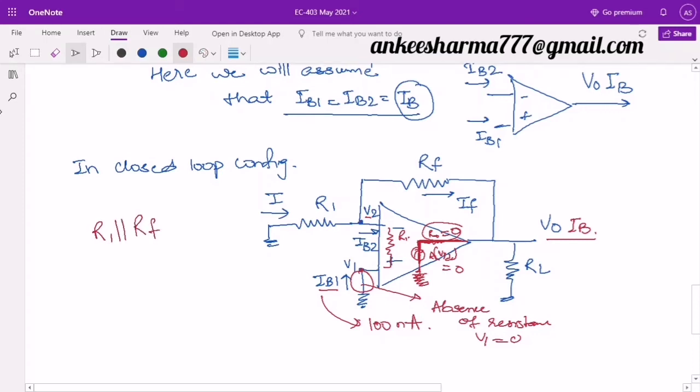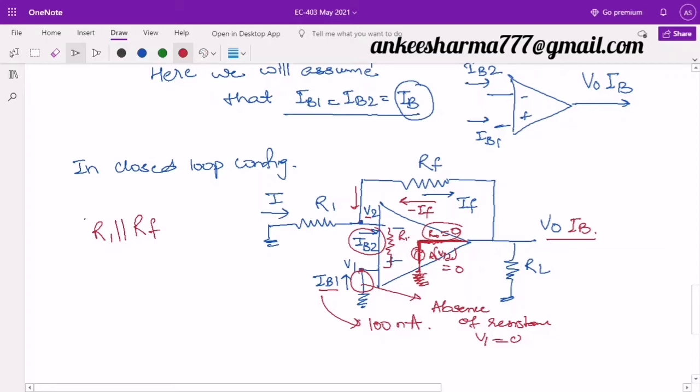And the total current flowing through this parallel combination, which is equal to I minus IF, is equal to IB2. Or if I take this direction, this is minus IF. So can I say that minus IF is also entering here, I is also entering here, and this total current will be equal to IB2, which is entering inside this operational amplifier's inverting terminal.